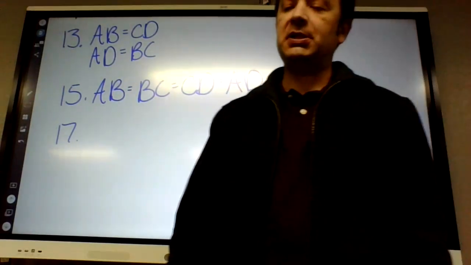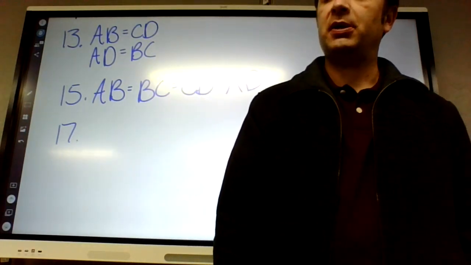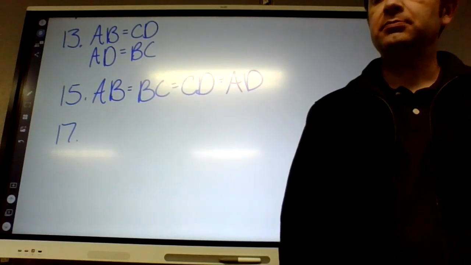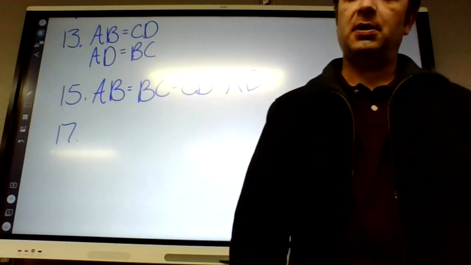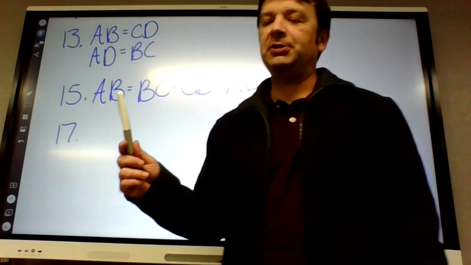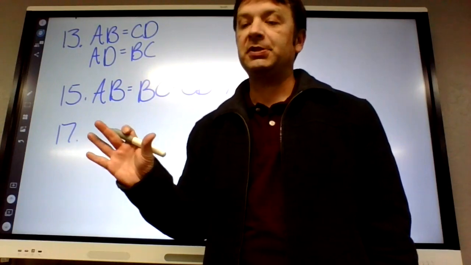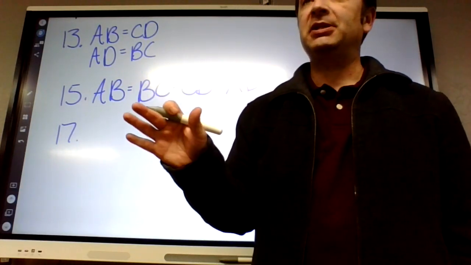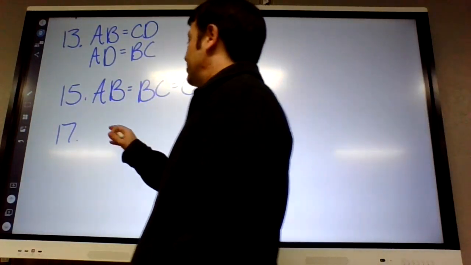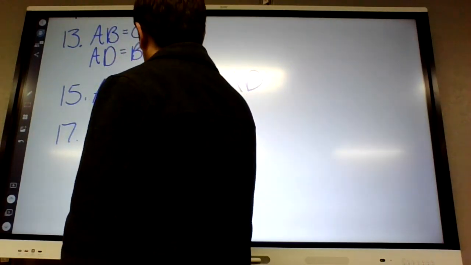Okay, 17. What needs to be true for that to be a square? All the diagonals need to be the same. Okay, so we can't measure angles. We can only measure side lengths for this section. The sides need to be the same. That makes it a rhombus. So we kind of repeat 15 on this.